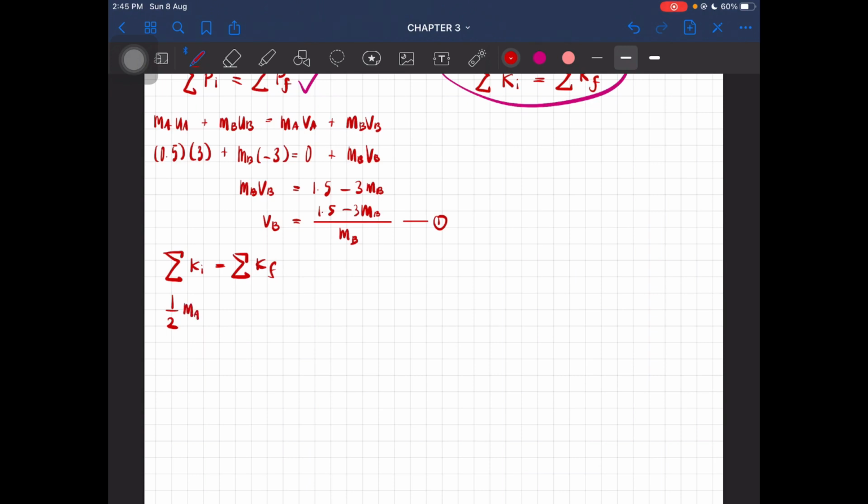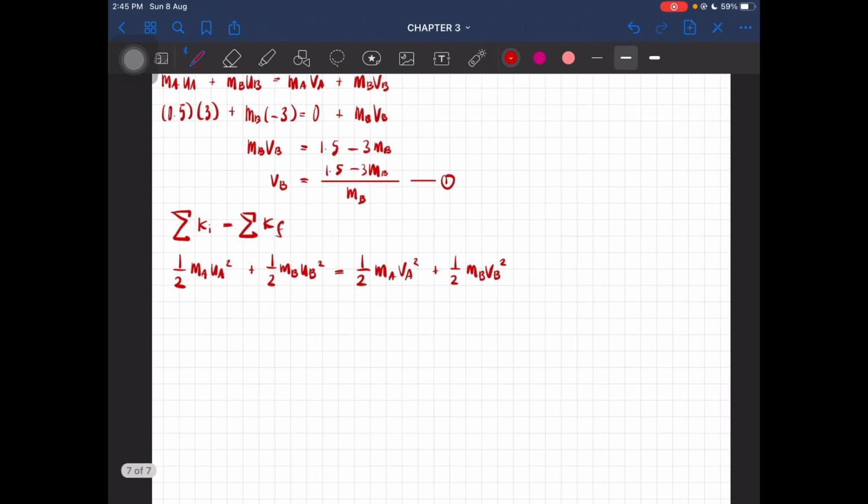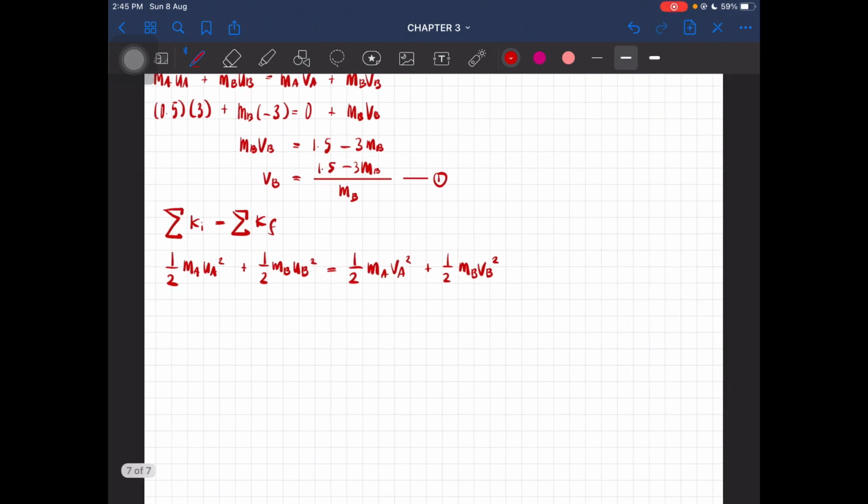So half MAUA squared plus half MBUB squared equal to half MAVA squared plus half MBVB squared. So many squares, it's confusing.